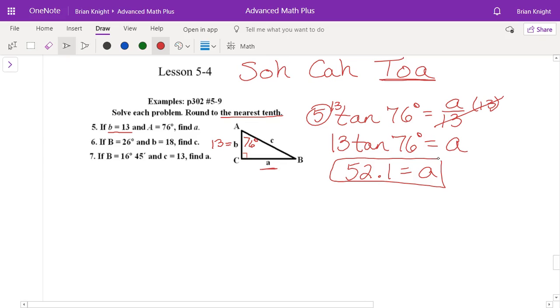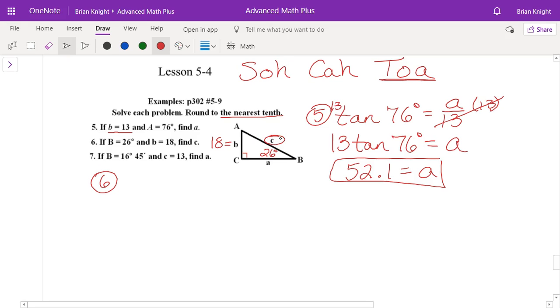Number 6, I'll just come over here. Again, I like writing them up here so I can see. All right. I would recommend drawing 3 triangles every time, or draw something just so you can see. It does help. They give me angle B is 26 degrees. Side B is 18, and this time I'm looking for side C. So what sides have they given me?